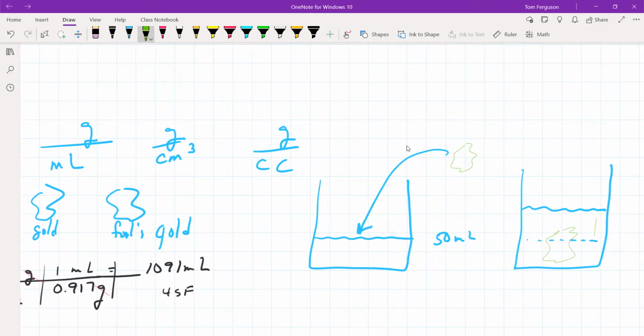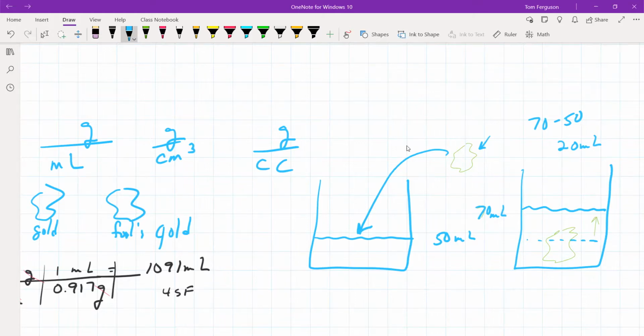The amount it goes up, say it went up to 70. That means it went up 20 milliliters without anything else in it. So the volume of this object is 20 milliliters, because it went up from 50 to 70. That means the object displaced 20 milliliters of water.